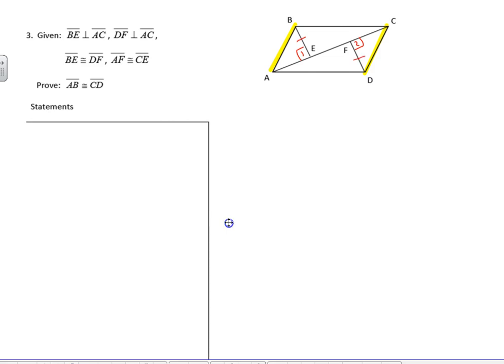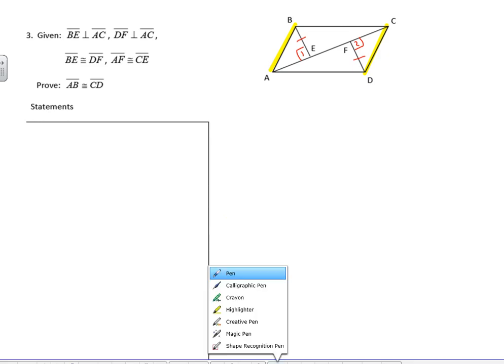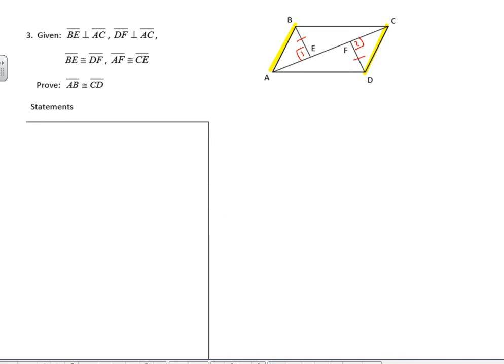Okay. Now this is a little bit different because I'm going to use a highlighter here to show you. Now it says AF is congruent to CE. And what you notice is those sides are a little bit longer than the triangle. I'd really like AE to be congruent to CF.